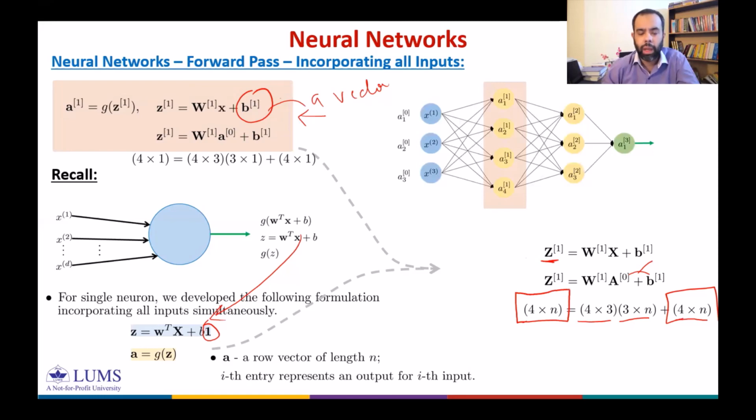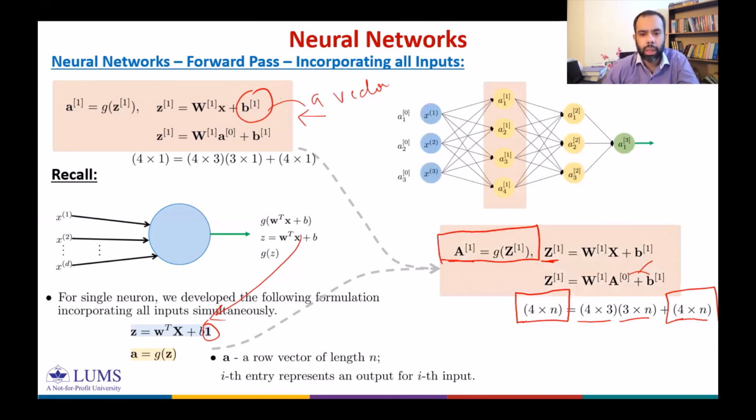And once we have Z, we pass Z through the activation function to obtain A. Let me reiterate that G is acting on each entry of the matrix because G is defined for scalar input. These are the equations relating input and output for layer 1.